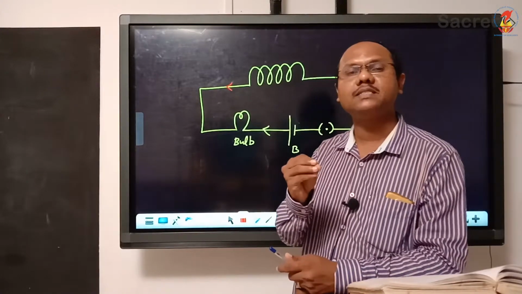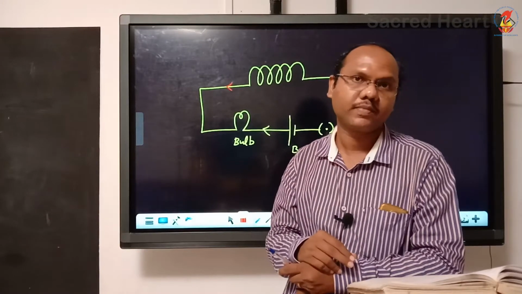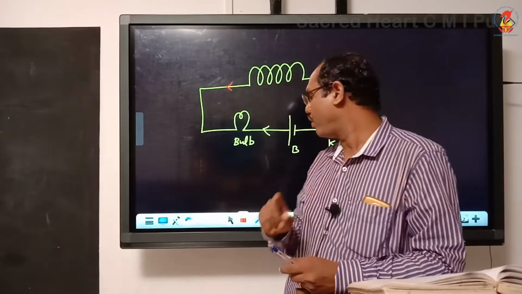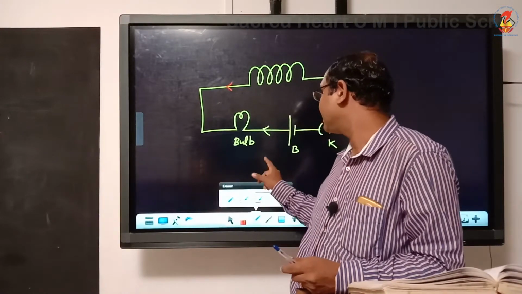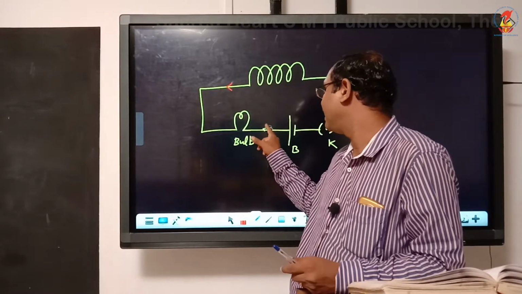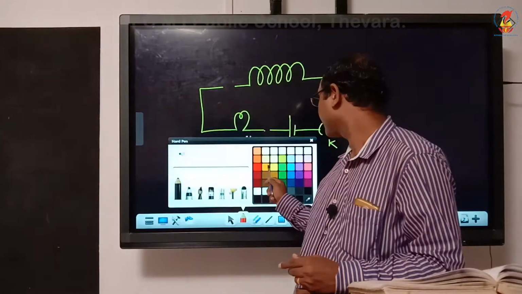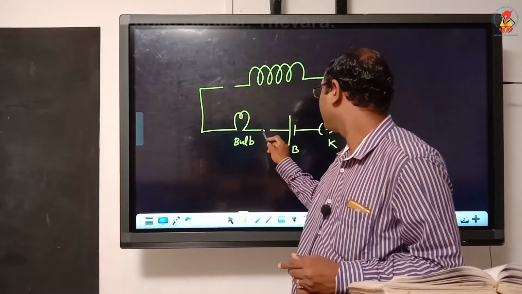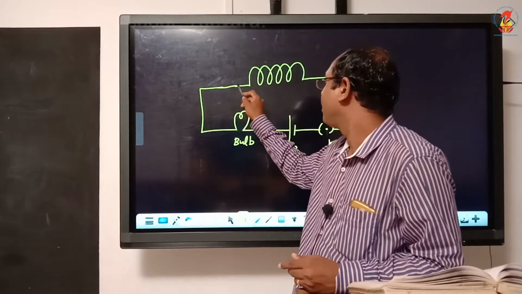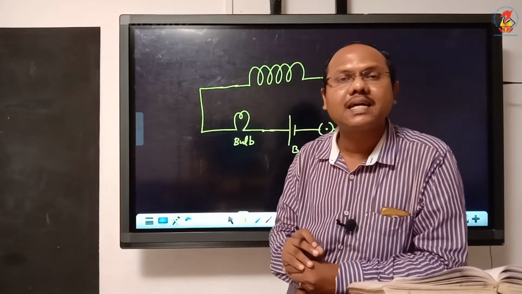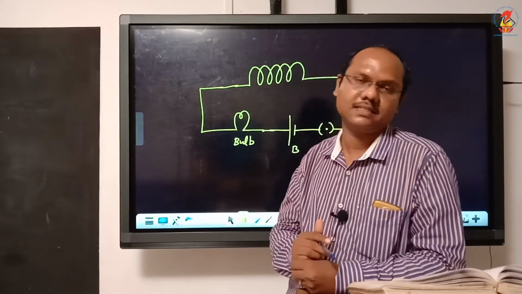Now, what happens when we switch off? When we switch off, the current in the circuit will decrease.